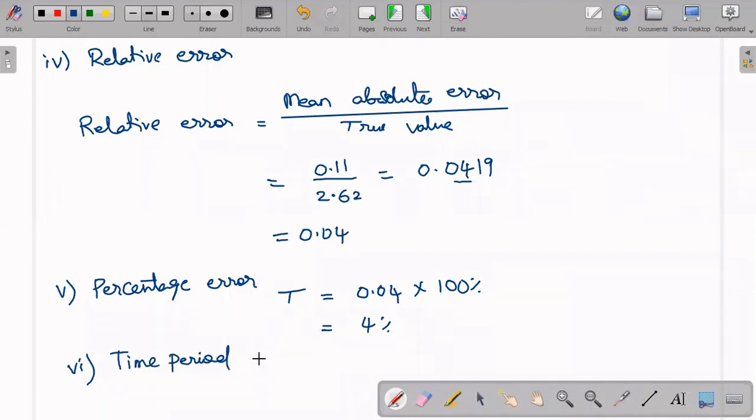How much error did we get? Mean absolute error only, we'll take it as error because we have different values. So 2.62 plus or minus 0.11 is our actual measurement of the time period of the simple pendulum, right?